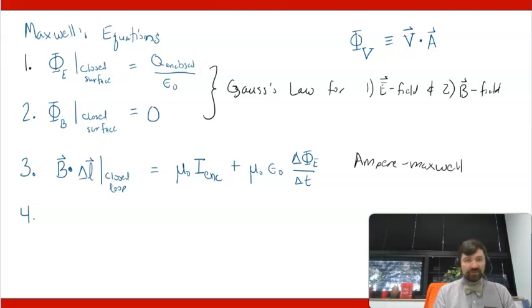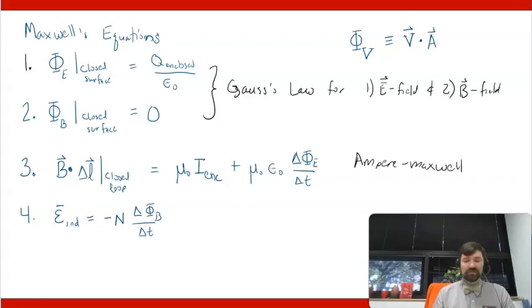The fourth one is Faraday's law. This is the one that says that the induced EMF is equal to negative N times the rate change, delta phi B over delta t, of the magnetic field flux.